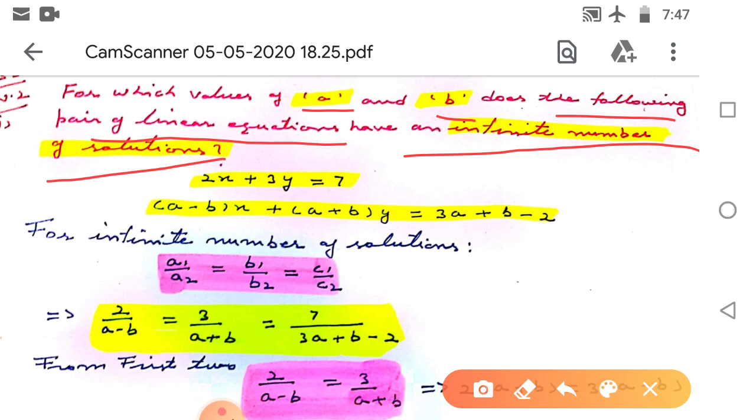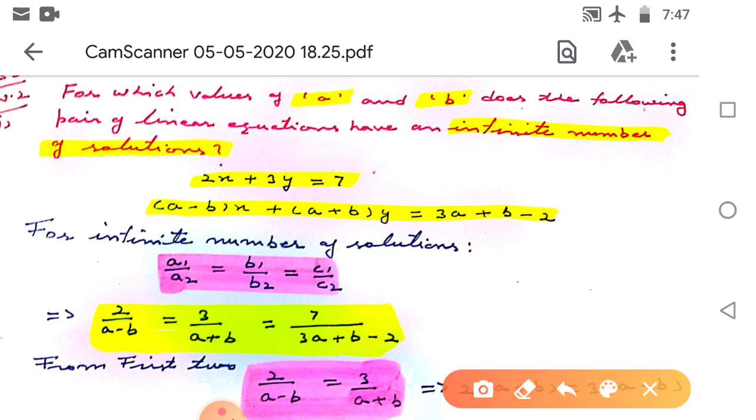For which values of a and b does the following pair of linear equations have an infinite number of solutions? Here, the first equation is 2x plus 3y is equal to 7, and the second equation is (a minus b) into x plus (a plus b) into y is equal to 3a plus b minus 2. Okay, so we have these two equations, and we need to find the values of a and b.